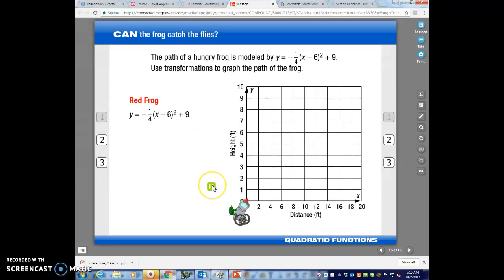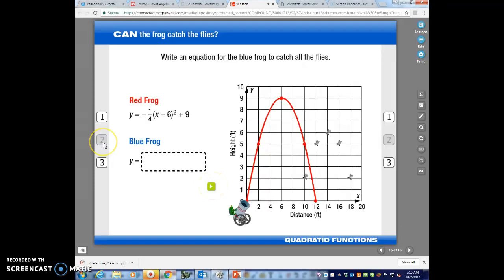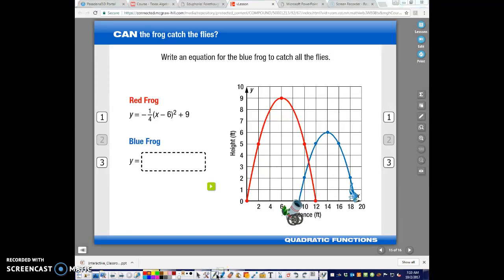So here's the frog. Okay, the red frog does that path. Okay, so the blue frog, let's see his path. It looks like it's the same shape, so we can go ahead and leave it as y equals -1/4. Now, x minus 6 made it go over to the right 6.